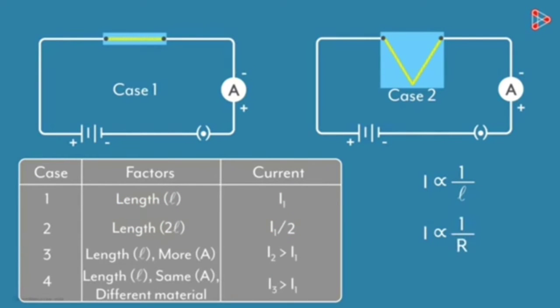So it indicates that the resistance of a conductor increases with length, R proportional to L. In the first two cases, material and cross-sectional area are the same, only the length has increased, so resistance has increased and current reduced. The resistance of a conductor is directly proportional to its length. This is concluded from the first two cases.